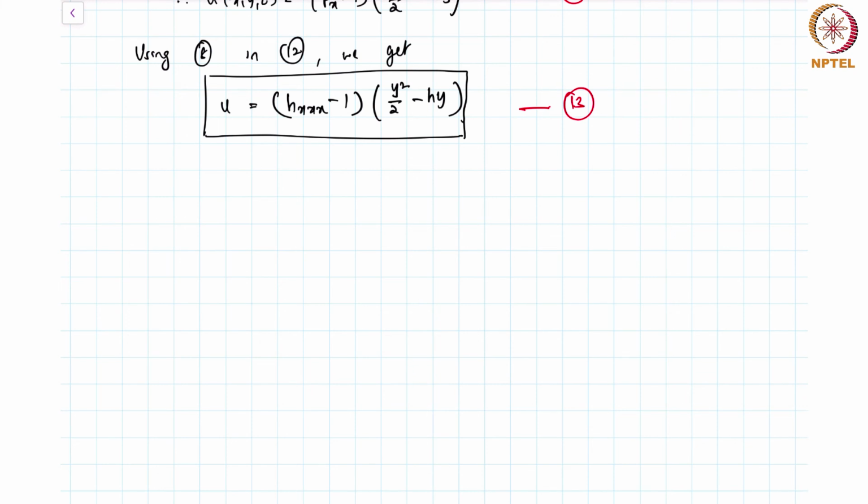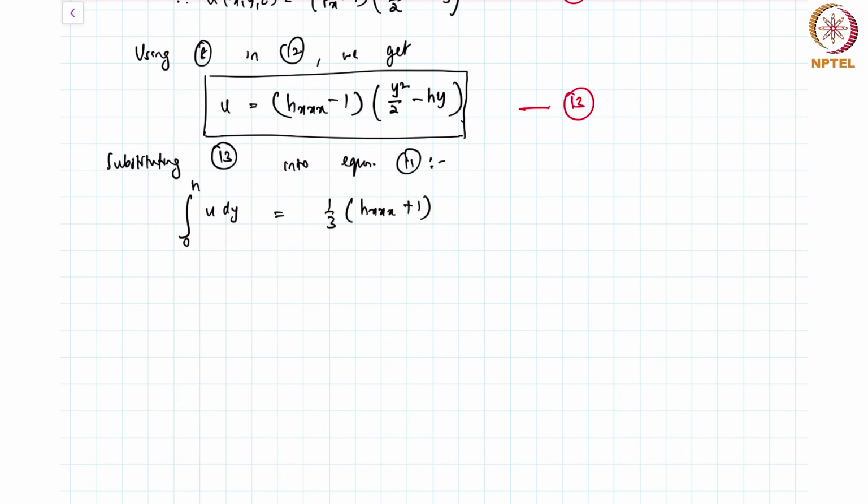So we can now substitute 13 into our equation 11. We have to evaluate this quantity, integral from 0 to h of u dy. I'll assume that this is a straightforward integration for all of you, so I'll write the final result. We simply have (h_xxx plus 1) multiplied by h cubed.